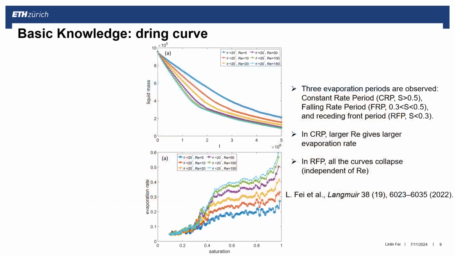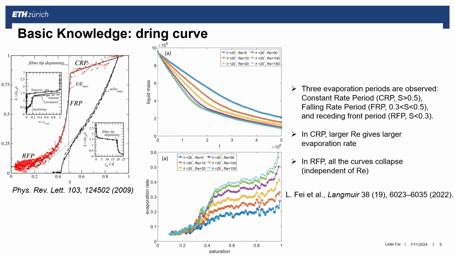And here I introduce the so-called drying curve, the change of the evaporation rate with liquid saturation. From experience, for drying a porous medium, there will be 3 different periods. In the beginning, because we have a lot of liquid phase, the evaporation is fast and almost constant. It is called the constant rate period, CRP.